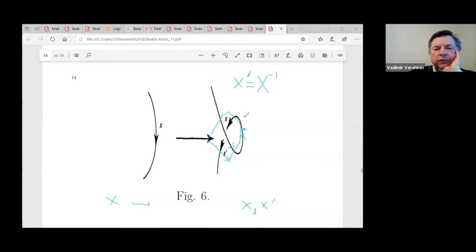So then actually this is the same, because of the nature of this Reidemeister move, there is nothing here, no interruption. So it will be X in positive degrees, right? X in positive degrees.